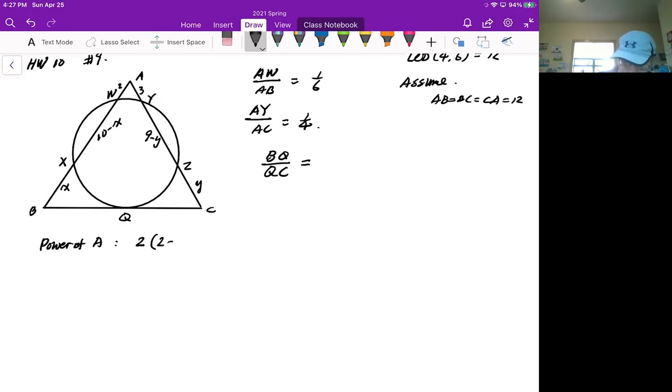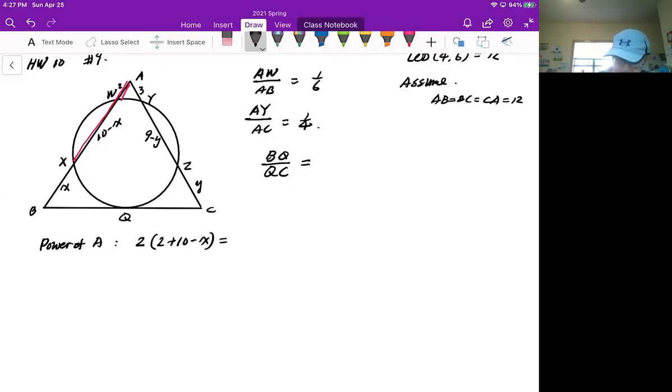AX is 2 plus 10 minus x, right? So that's one side. Can you see that? Just to remind you, it's this side times the other side, right? That's the definition of the power of a point if the point is outside of the circle.